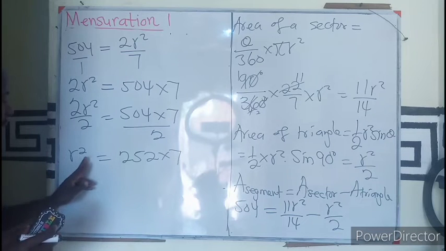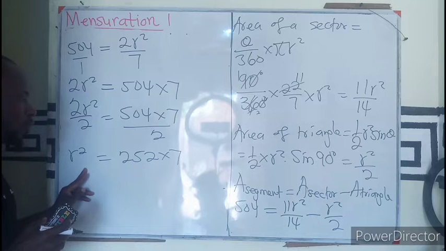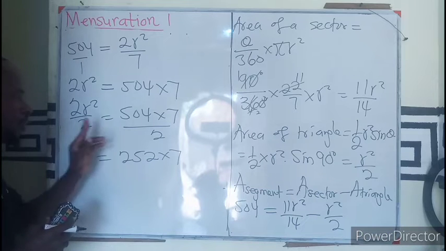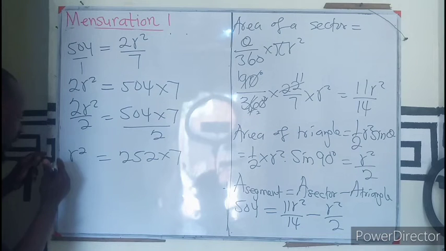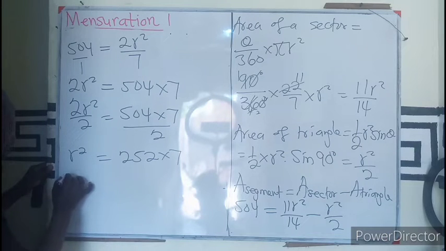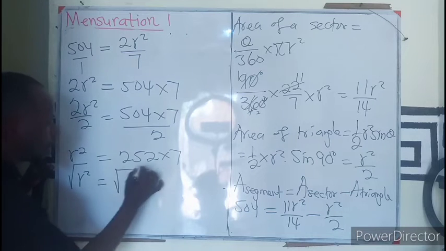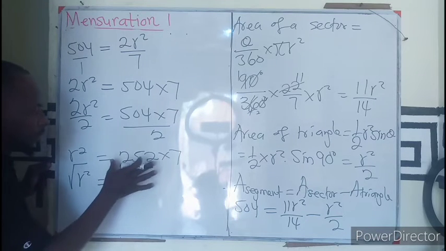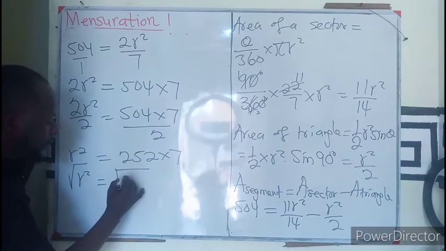In this case, the r is what we are interested in, not the r squared. So we need to find the square root of both sides in order to clear the square we are having here. This is going to be the square root of r squared equals the square root of the multiplication of these two.